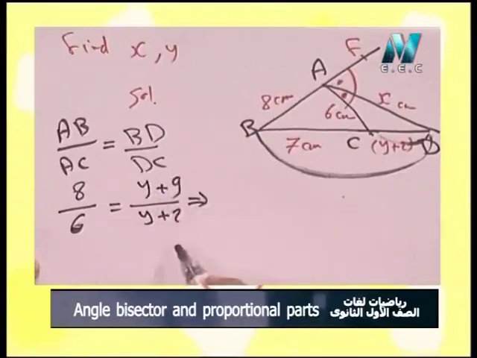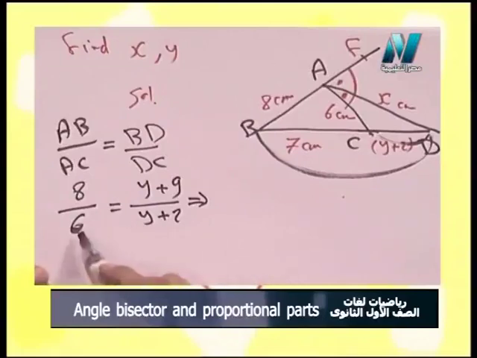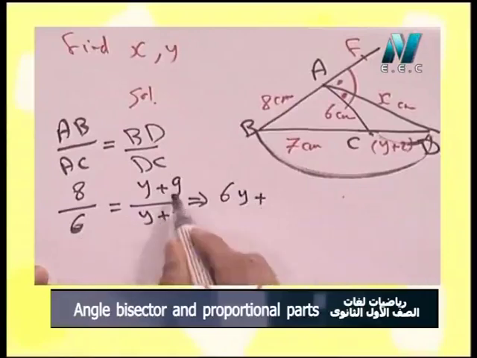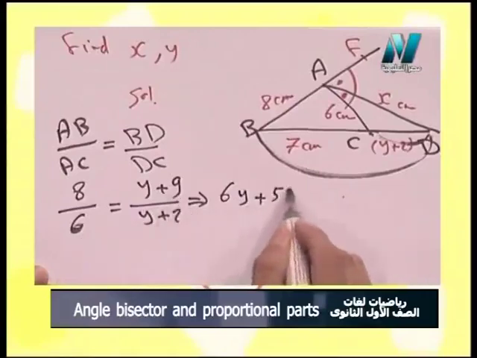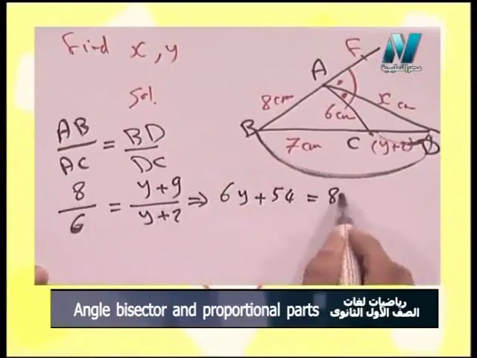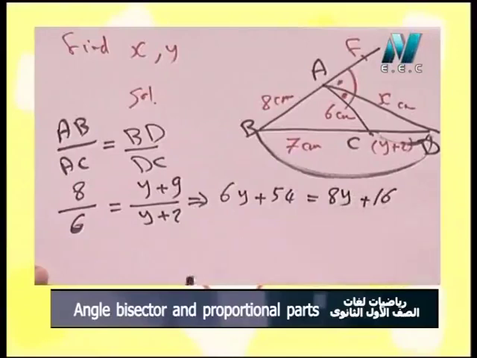And we will use cross multiplication now to find the Y length. So 6 multiplied by Y equals 6Y. 6 multiplied by 9 equals 54. 8 multiplied by Y equals 8Y. 8 multiplied by 2 equals 16. And we have 6Y in the left side and 8Y in the right side.